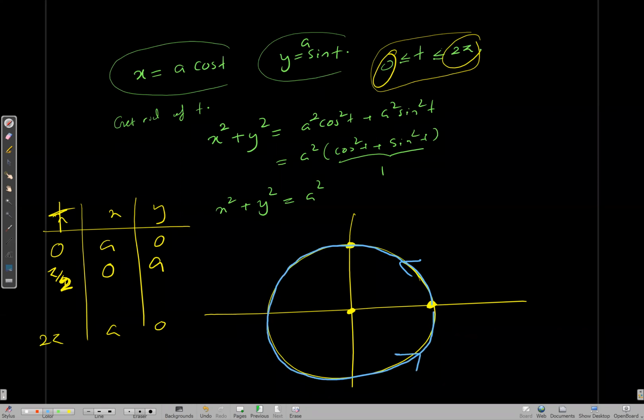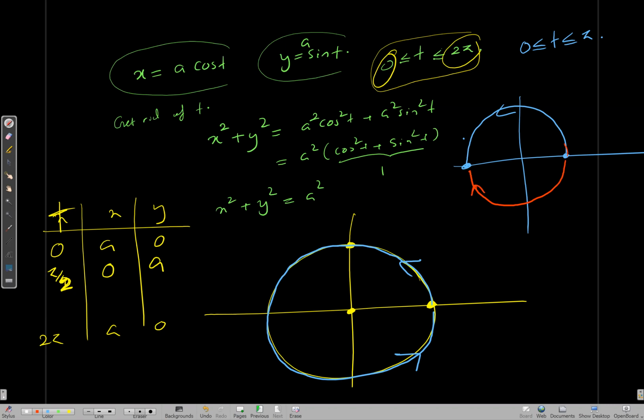Now in this example, we can talk a little bit more about nice things. What if you have to have this part, the upper half circle? In that case, you just need to parameterize it like this. And if you want the lower half, if you go like this, then we have to go with minus t, because when you take sine and cosine, the angle is counterclockwise.